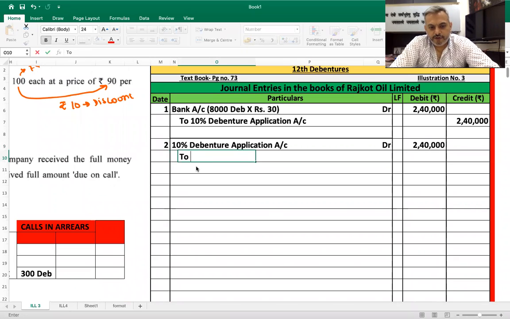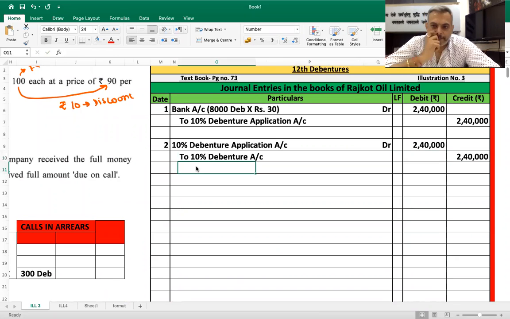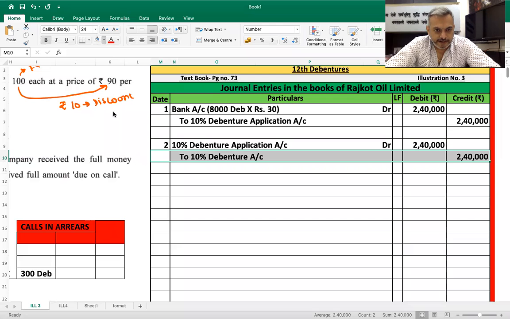Directly we transfer it to our liability account, 10% debenture account, 2,40,000. So debenture application is a temporary account. Okay, so at the first stage we credit it and then we debit it. And 10% debenture account is our liability account, which will be there in our balance sheet. Let me highlight it.